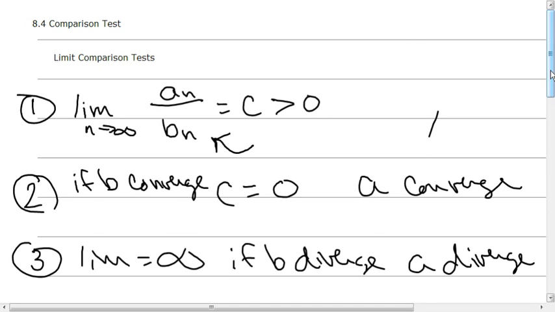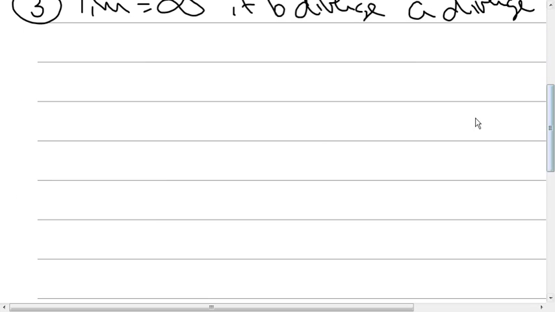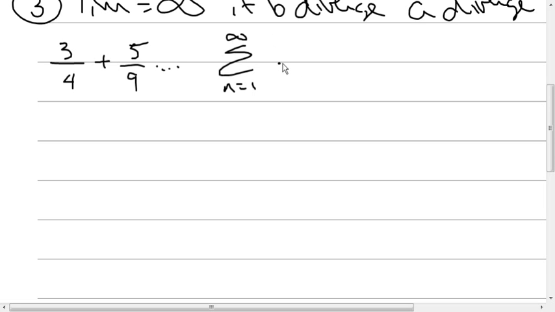Let's look at part A of example 2, and they have a series that's 3/4 plus 5/9 and so on, and this can be represented as the series n equals 1 to infinity of the rational function (2n plus 1) over (n squared plus 2n plus 1).